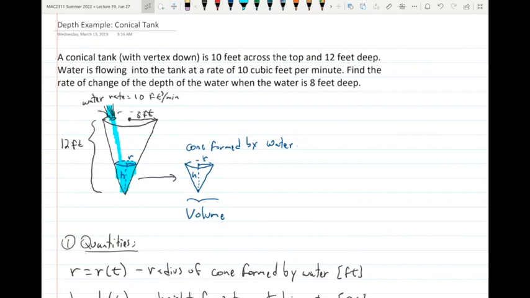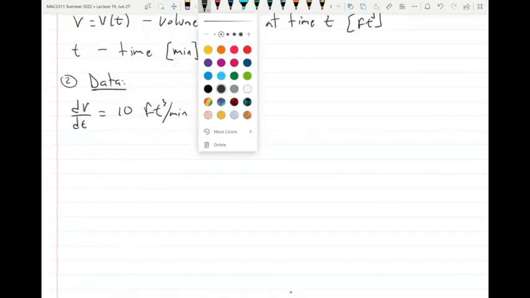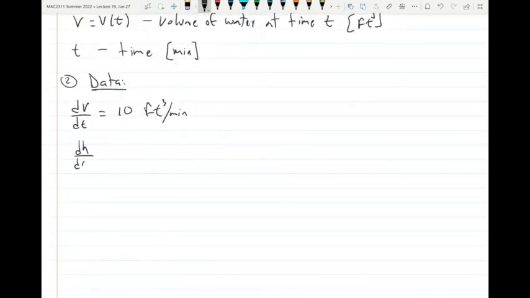The question is: find the rate of change of the depth of the water. In other words, what is that in mathematical symbols? Of H with respect to what? So dH/dt. Yes? So we need to find dH/dt when H is 8. Do you understand this? That's all the given information.